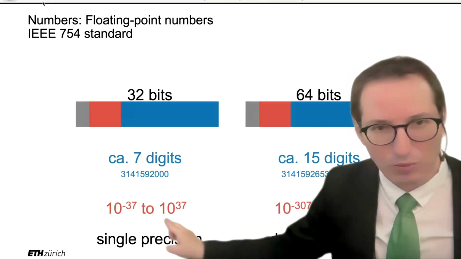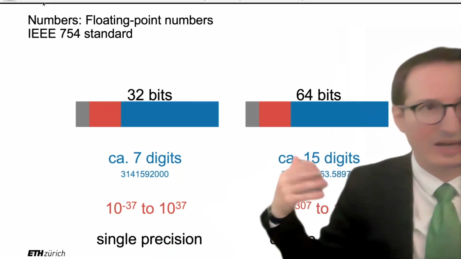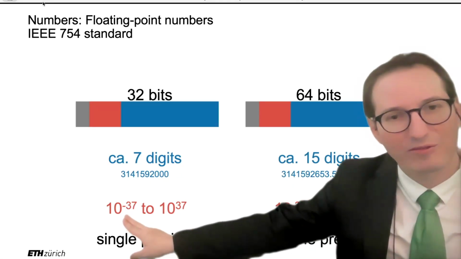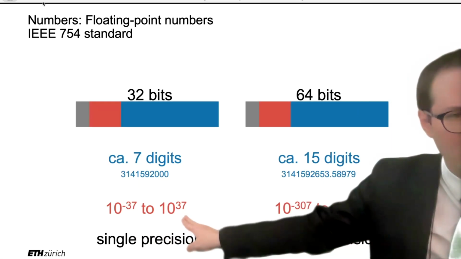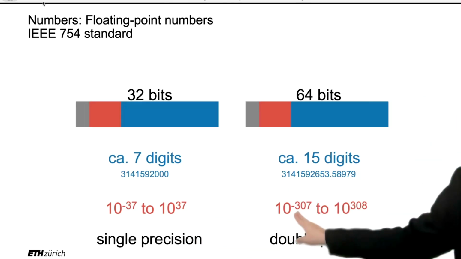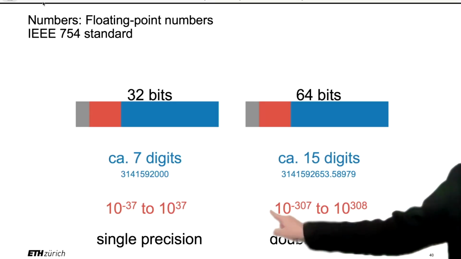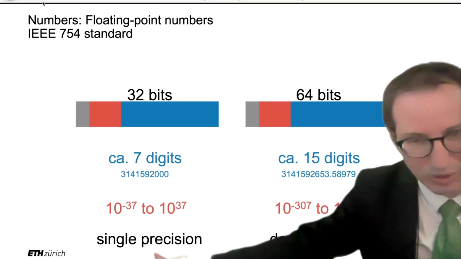And here you also have a range of powers of 10, because again, as a human, you think in powers of 10, right? So for the human being, it's roughly from minus 37 to 37, right? And here, 307. Imagine with the fixed points, the number of zeros we would need to put in there in order to do these with fixed points, right? So double precision, single precision.